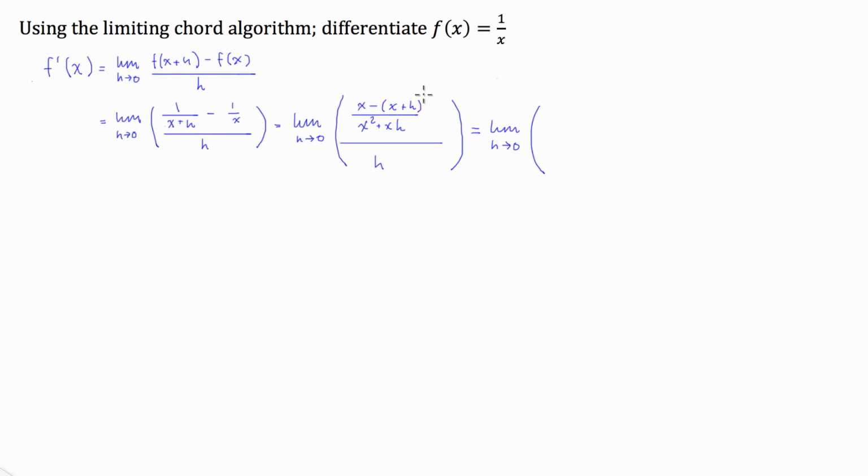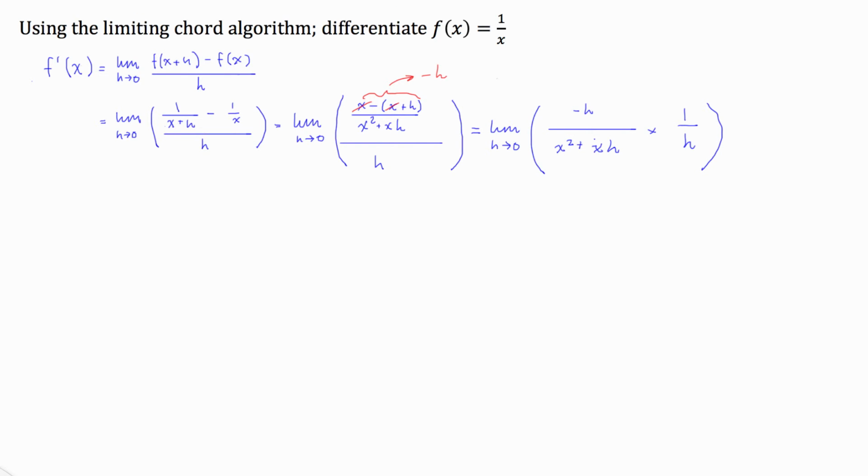So x minus x plus h is going to be, well, the x's will cancel, and this here will be left with negative h. So we're going to be left with negative h divided by x squared plus xh multiplied by 1 over h.